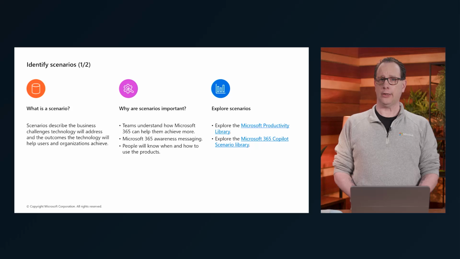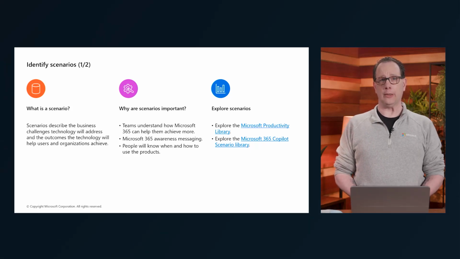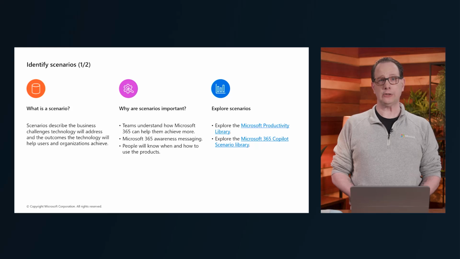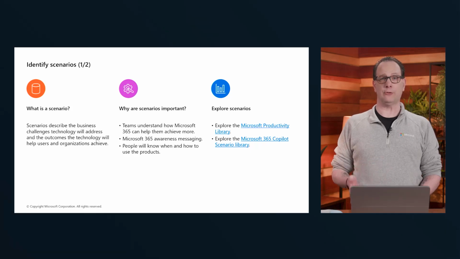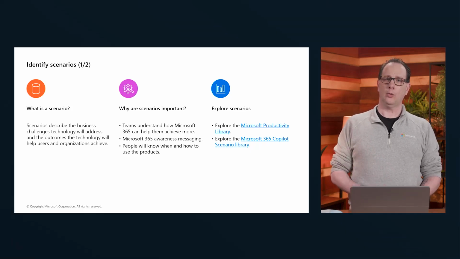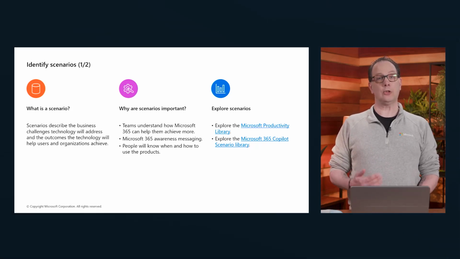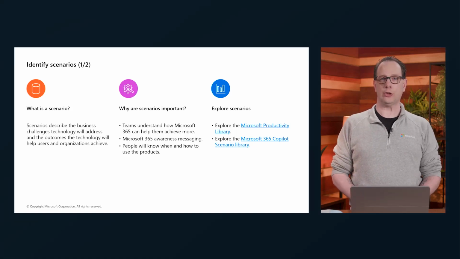For example, explore the Microsoft Productivity Library, which is a collection of recommended use cases to showcase ideas and how to use the product to your best advantage. Mapping everyday challenges you can solve with Microsoft 365 or Microsoft 365 Copilot across different industries. With that said, remember we covered the buyer customer case in a different module, which could actually give you some hints.